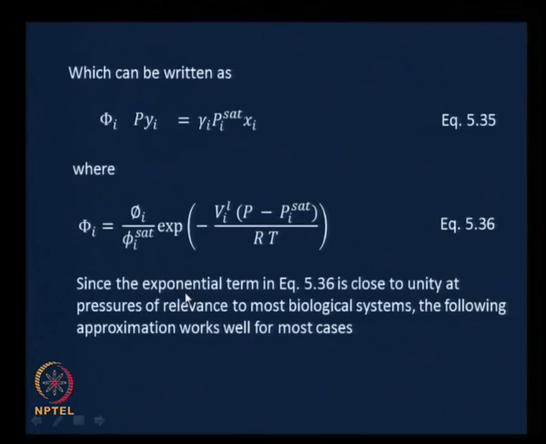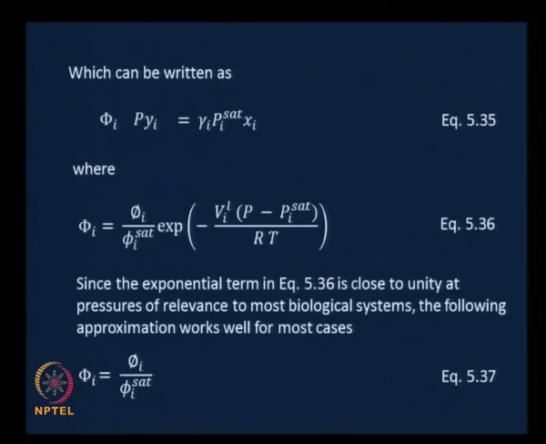and we also recognize that for most biological systems at pressures that are normal, this term pretty much becomes 1, and therefore phi I becomes phi I by phi I sat, and therefore could substitute it back into this to get gamma I from VLE data.